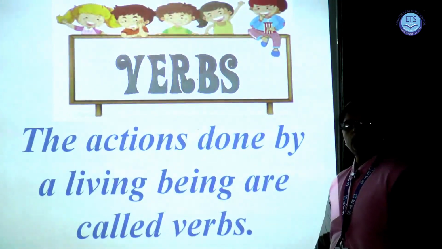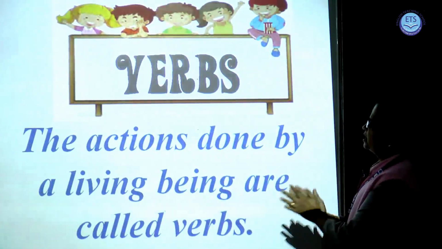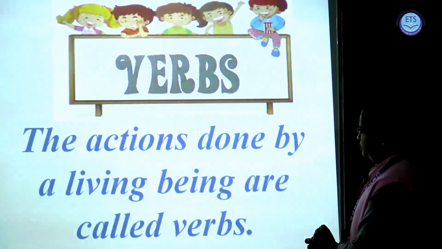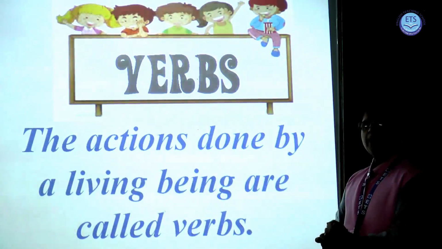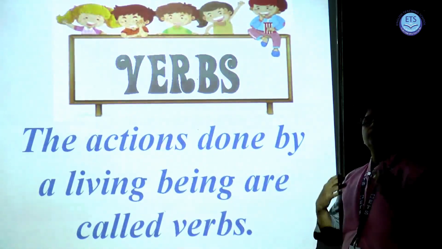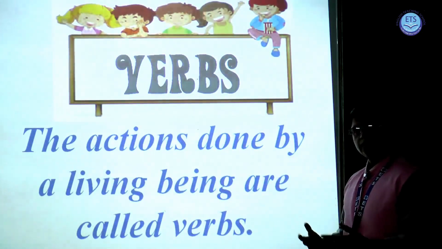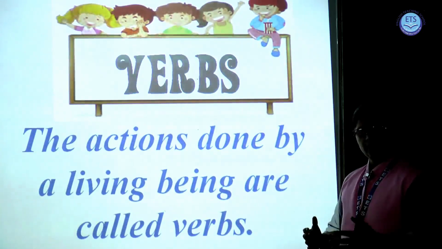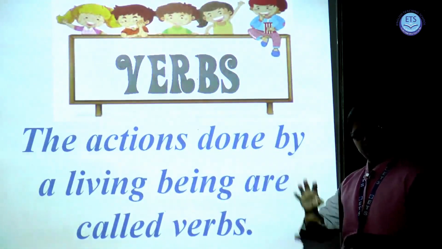Now, let us move to verbs. Children, verbs are loved by everybody. Verbs are nothing but the actions which are done by living beings. For example, sitting, drawing, sleeping, drinking, eating, loving, hugging, these all are verbs.